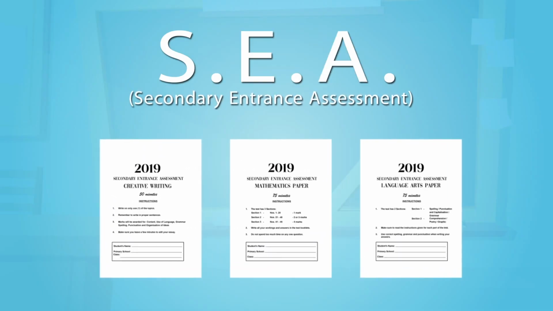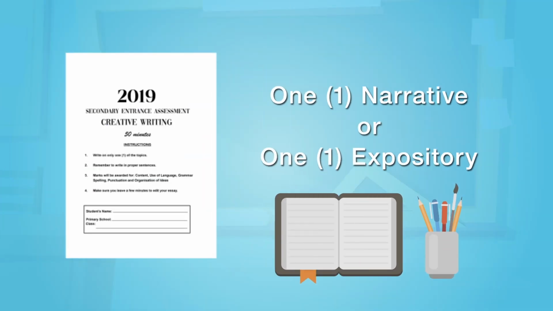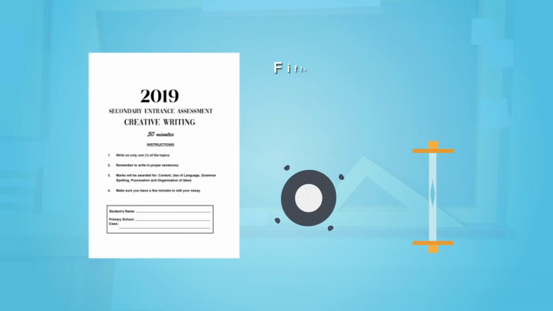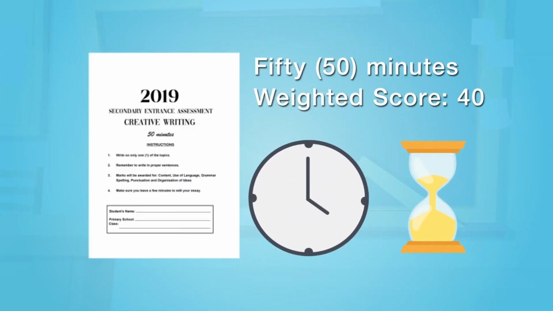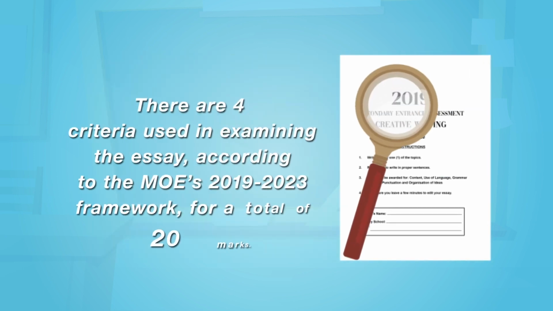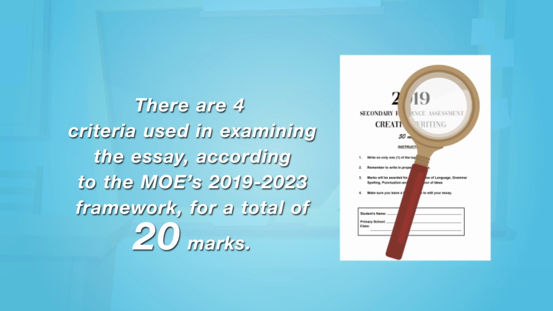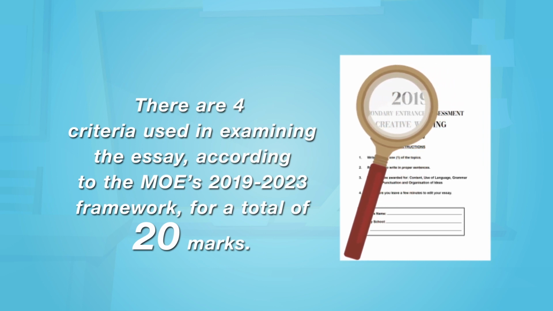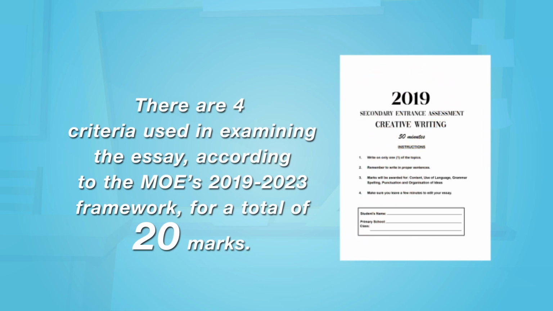For the SEA's English Language Arts writing paper, your child is required to write either one narrative item or one expository item. The English Language Arts writing paper is 50 minutes duration and has a weighted score of 40. Here's how the marks are allotted. There are 4 criteria used in examining the essay, according to the Ministry of Education's 2019 to 2023 framework, for a total of 20 marks.